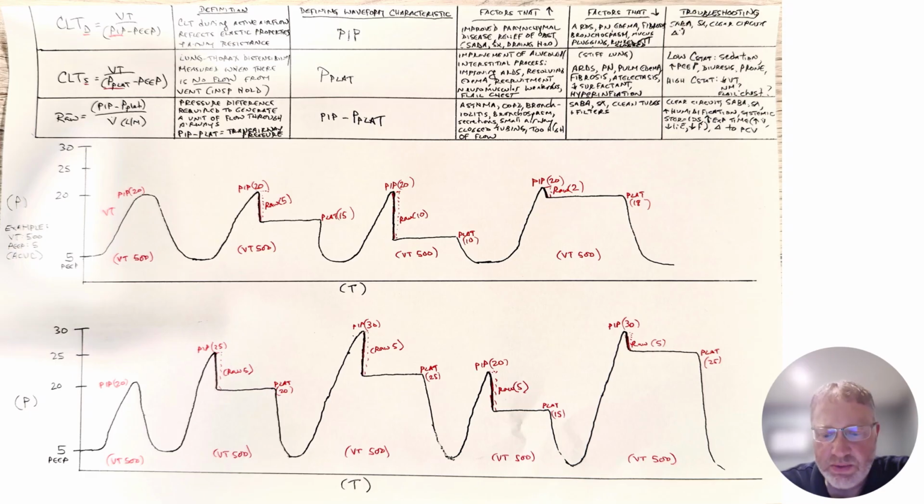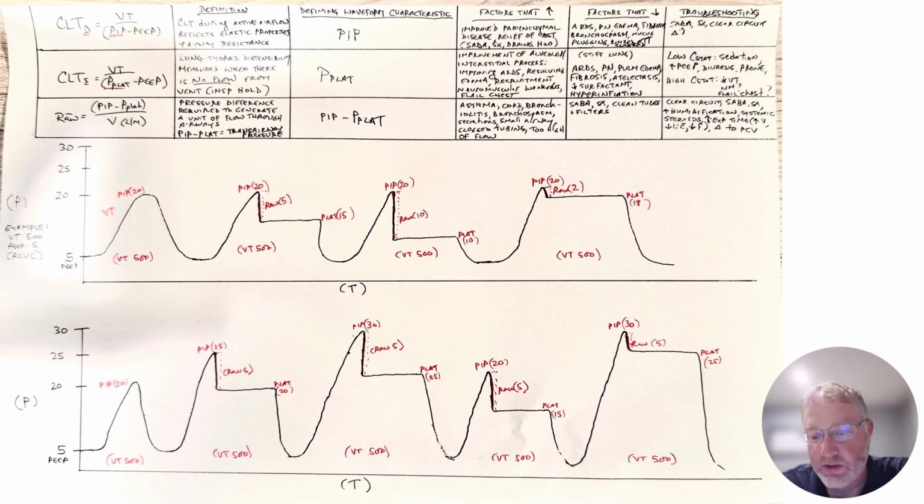Factors that decrease resistance: if you give a bronchodilator or suction or clear out the tubing, clear out the filters, things of that nature. Troubleshooting for resistance, same difference, all the factors that decrease it.